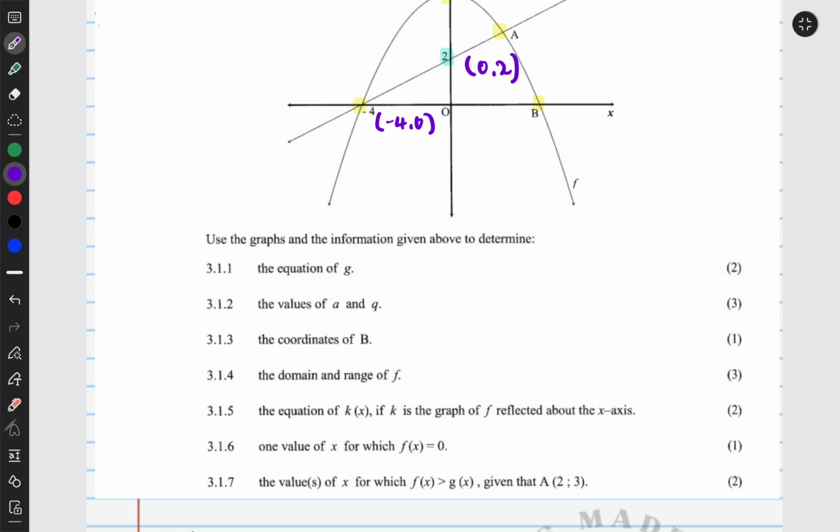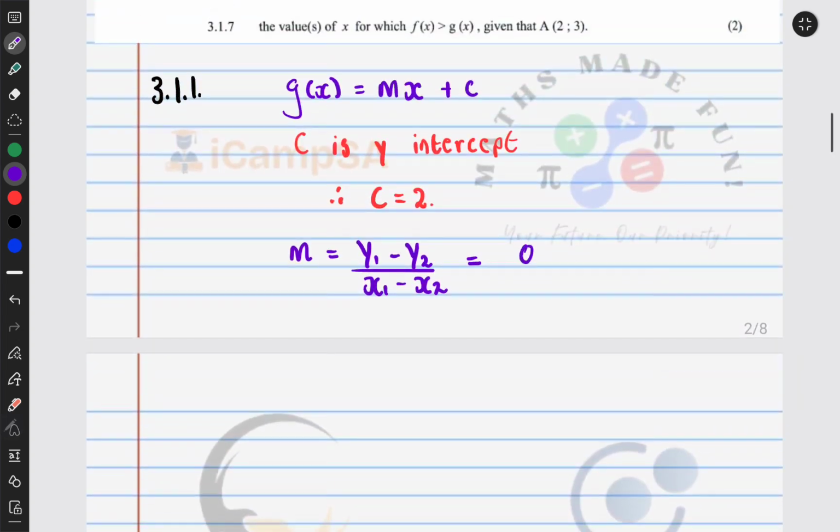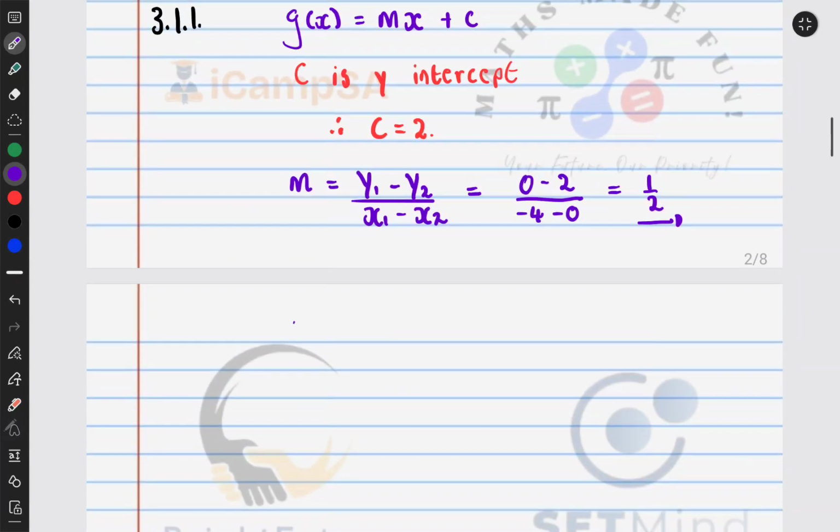So 0 minus 2 over -4 minus 0. Therefore, we're going to have negative 2 over negative 4, which is a positive half.